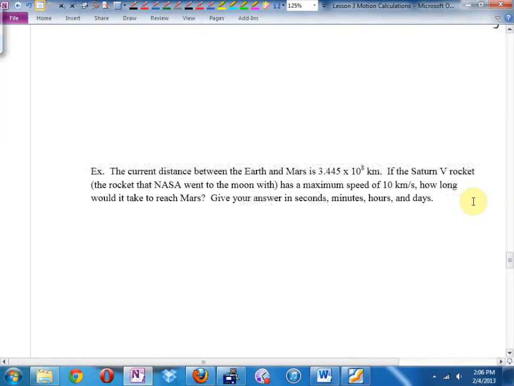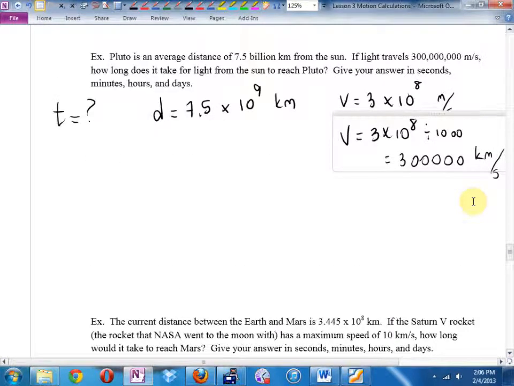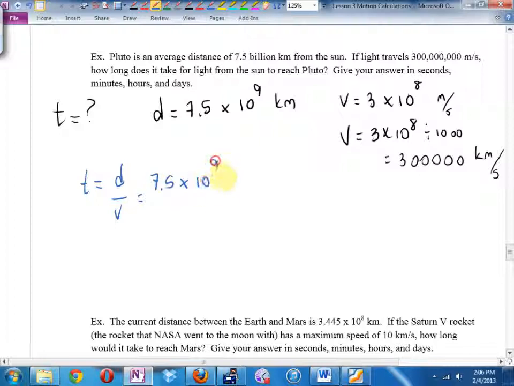And we got what? One more and we're done. Okay, I know D, I know V. How can I find time? Distance divided by speed. It's going to be 7.5 times 10 to the 9th. That's what I'm stuck with. It's a big number. Sorry. If you don't like it, change the universe.